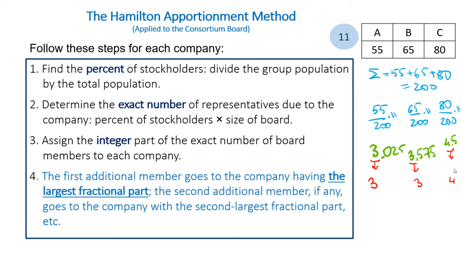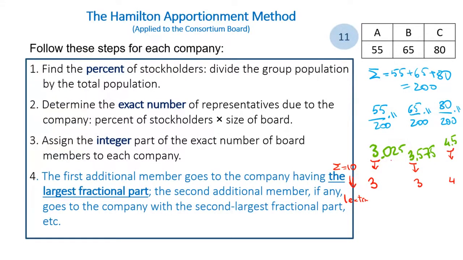Now we determine how many extra seats we have. 3 plus 3 plus 4 equals 10. So the sum equals 10. Therefore, we have 1 extra. And it goes to the company with the greatest fractional part.